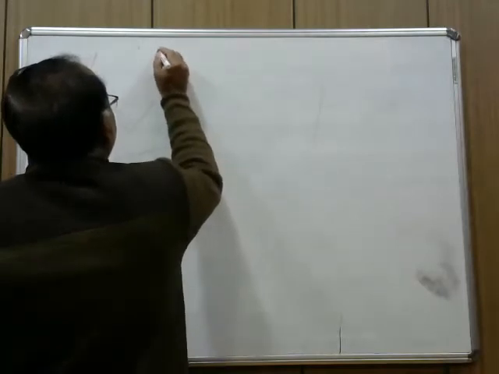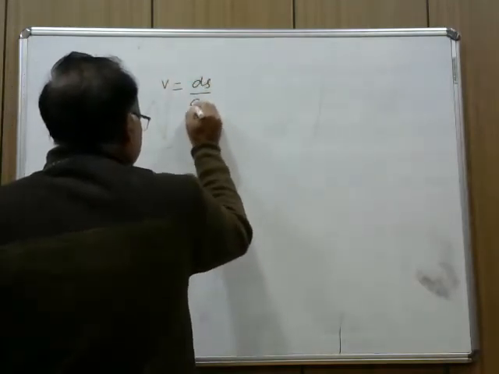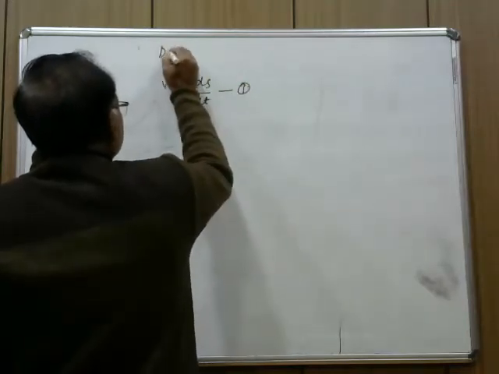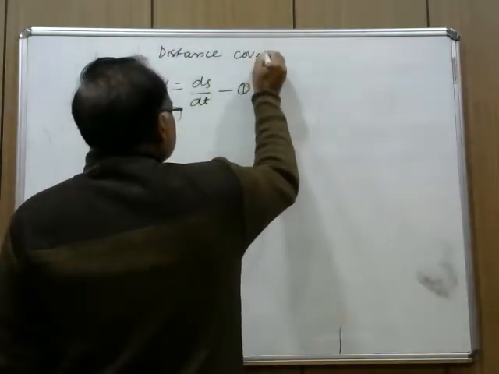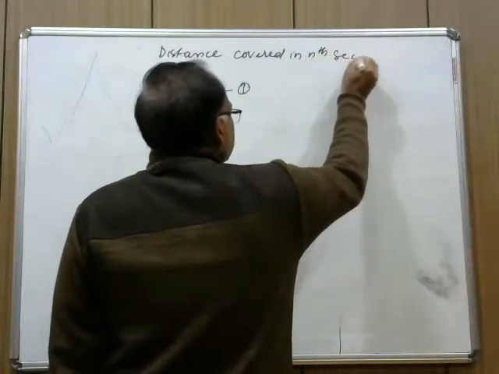So now we know that v is equal to ds by dt. This is basic relationship. This is distance covered in nth second.